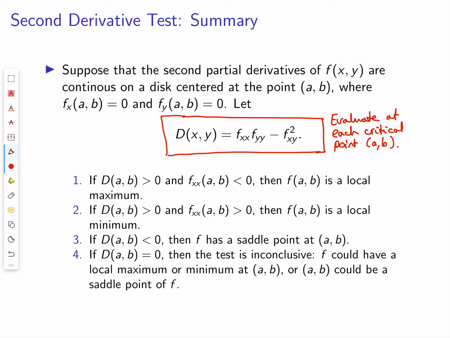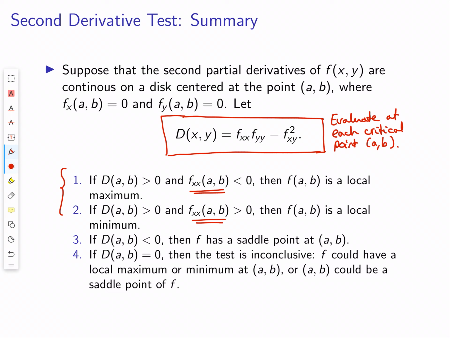And if D is positive, then you're in either case 1 or 2. And then you have to also take a look at what is the second partial with respect to x at (a, b). If it's less than 0, then you have a local maximum in the first case, or if it's greater than 0, then you have a local minimum, as in that's the second case.